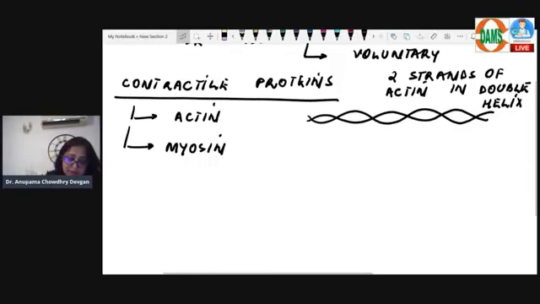When you look at myosin, the myosin in skeletal muscle is called myosin 2.